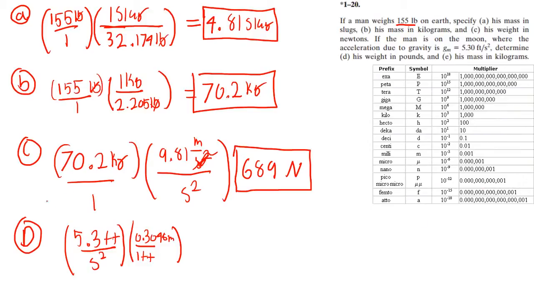Then we're going to get our meters per second squared because our feet cancel, leaving meters on top, seconds on the bottom. Oh, excuse me, I have to do it again. Multiply by 0.3048, that gives 1.61 or 1.62. Let's do 1.62 meters per second squared.